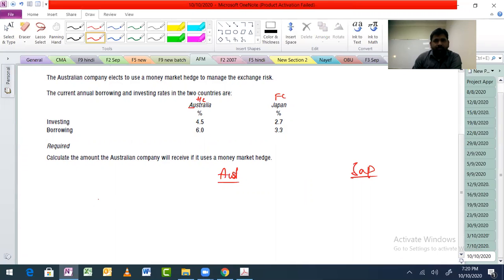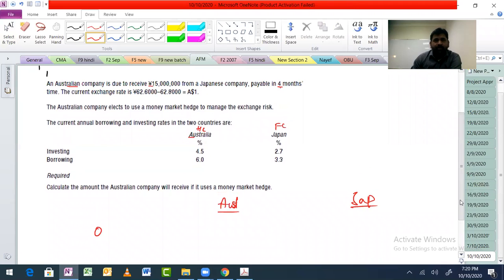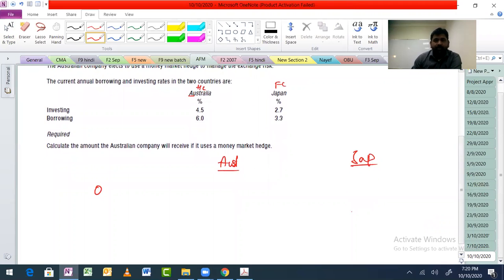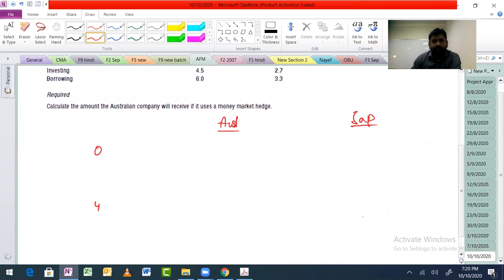At time 0, and the money is receivable in how many months? In 4 months. So this is 0, this is 4. And how much money is here? 15 million yen.